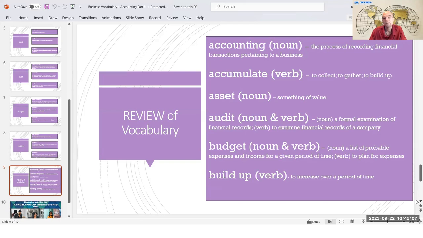And it's the accountants who perform the action of accounting, who perform that process.